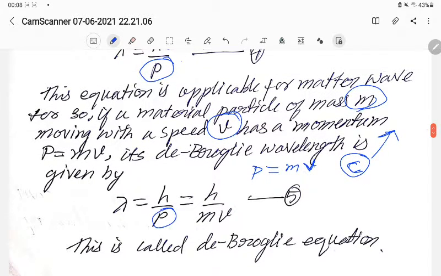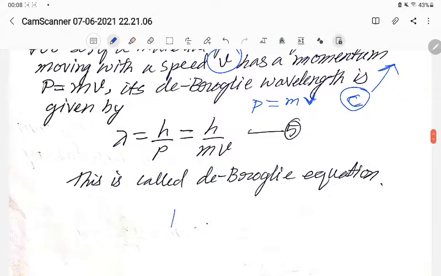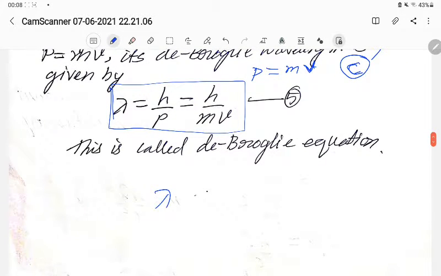For photons don't use this mv, for photons it will be mc. This p is not photon, this p is momentum. Momentum is denoted by p. So this equation is the de Broglie wavelength for matter wave, for matter.